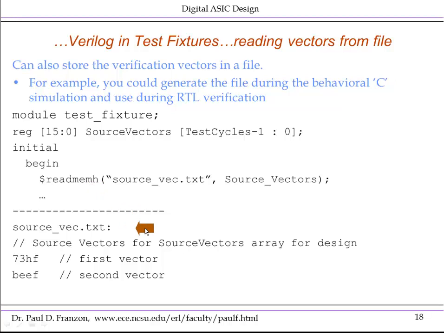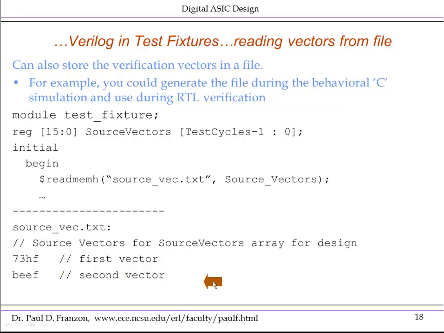Here's an example of source_vec.txt. You notice the use of comments here. Of course, those are ignored. Otherwise, we've got these 16-bit data values, which become successive elements in the array of source vectors. So source vector 0 will be assigned 73HF, source vector 1 will be assigned BEEF, and so on.